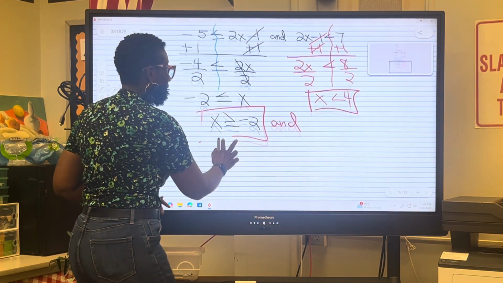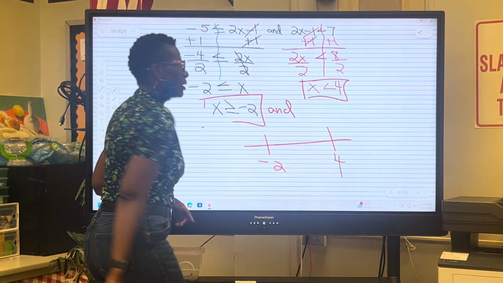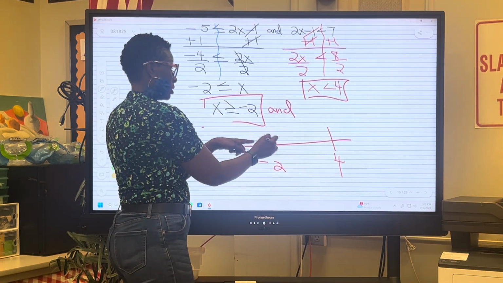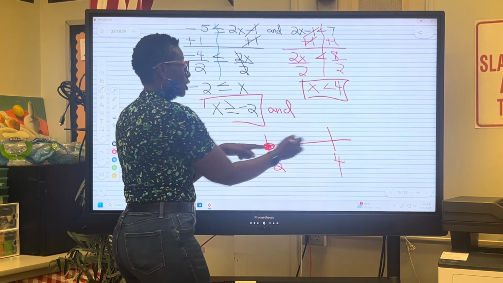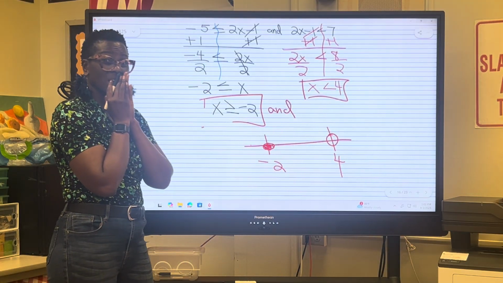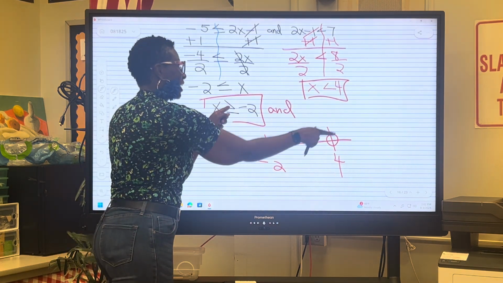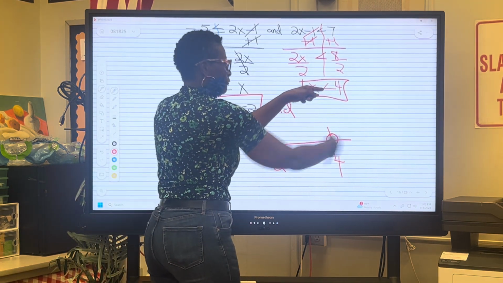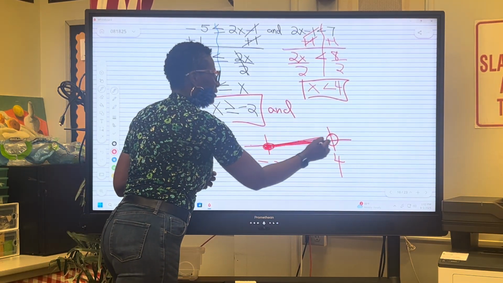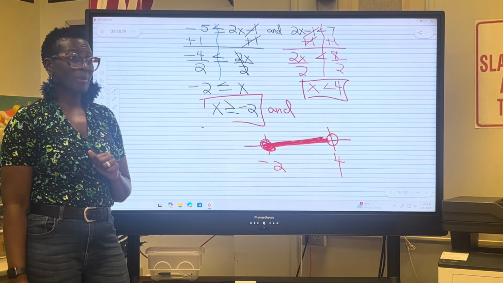It has to be greater than negative 2 and at the same time less than 4. So it's going to be between negative 2 and positive 4. Closed circle or open circle at negative 2? Closed. At 4? Open. Where am I shading? What do they have in common? I need it greater than or equal to negative 2 and at the same time less than 4, so we shade in the middle. All the solutions fall right in the middle. Does that make sense?